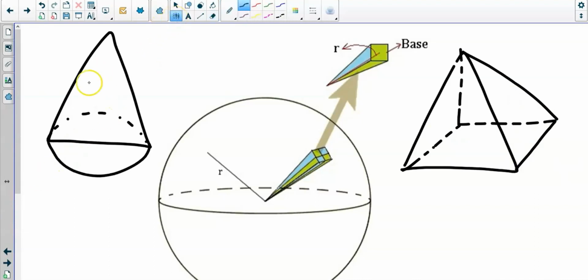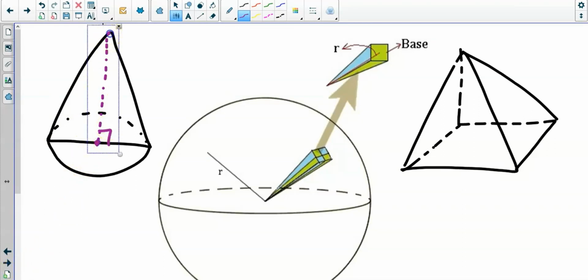So in a cone and on a pyramid, there really are 2 kinds of heights. Remember, heights connect down to a side and are perpendicular. Okay? So keep that in mind. So one of our heights is right here.